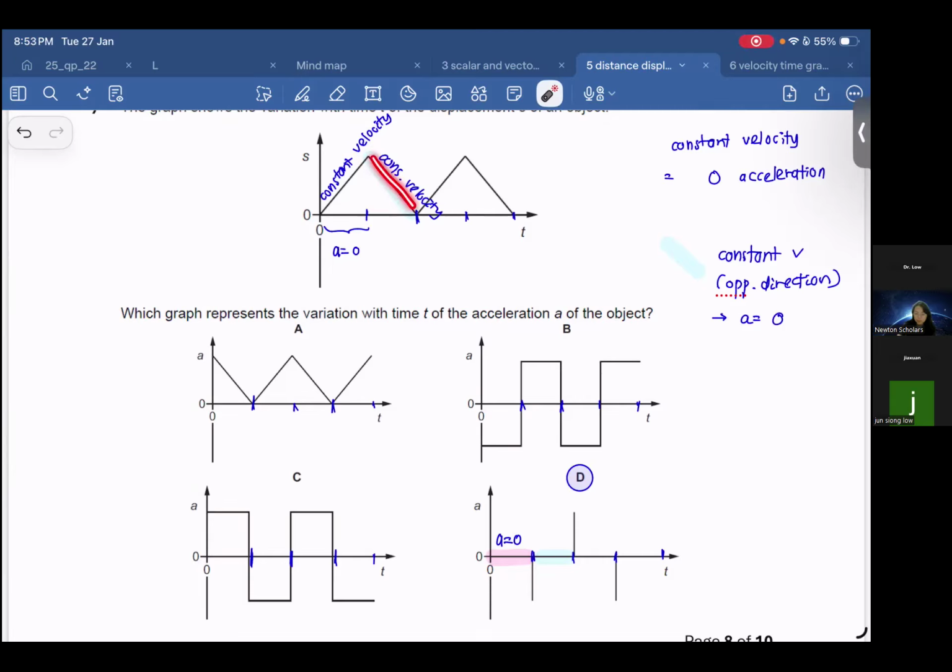But along the part where it travels with constant velocity, the acceleration should be 0. The answer is D. Is it okay? You interpret the graph. You cannot go straight from a displacement-time graph to acceleration. You go through velocity first. Okay, good job.